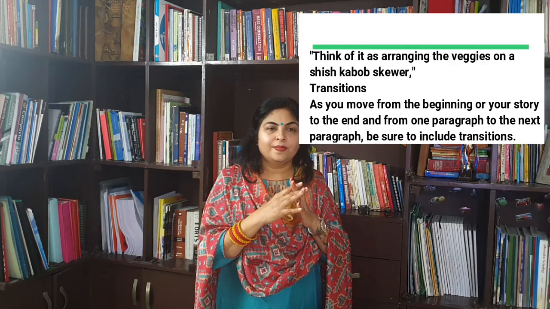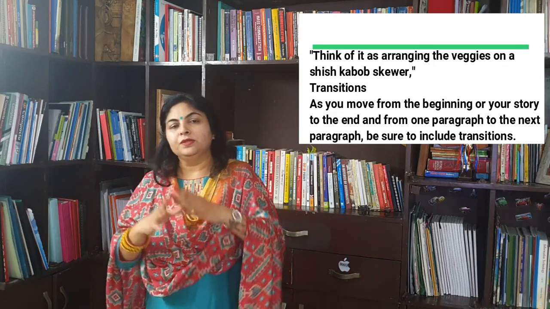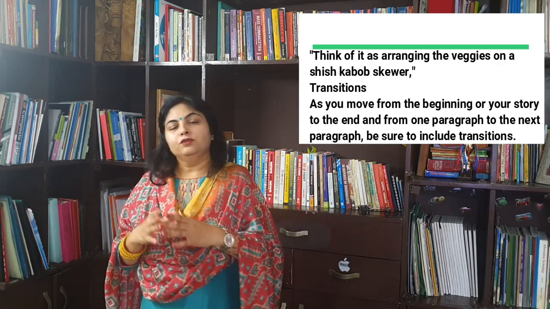So this starts with a juicy red tomato, could be an anecdote, follows with a nut graph, then add chunk after chunk after chunk until you reach the end, where you reprise with another tomato, a final quote, or an anecdote. So think of arranging the veggies on the skewer, and then comes the transitions as you move from the beginning of your story to the end and from one paragraph to the next paragraph.